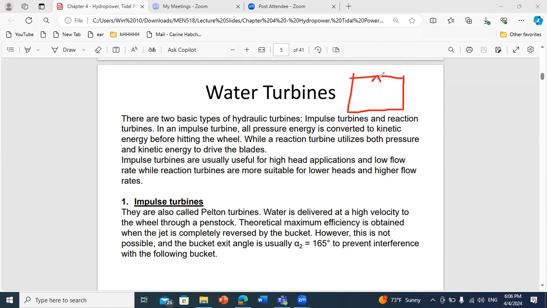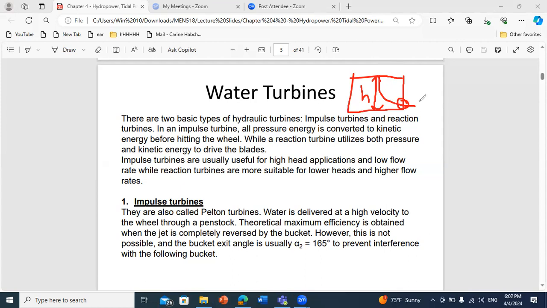The higher the height of water that you have, the larger the potential energy that you store. Now, when you need the energy of this water, you can have an opening here, and whenever you open the gate, this potential energy will be transformed into other forms of energy, which will be pressure and kinetic.